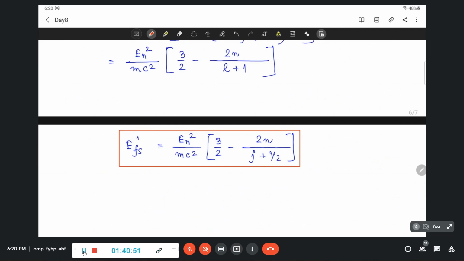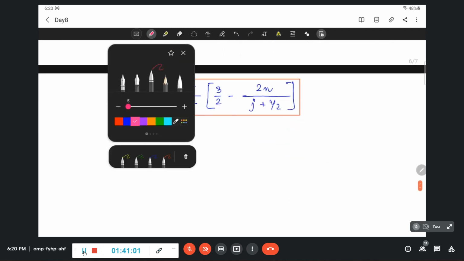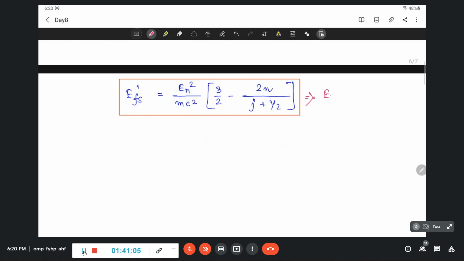But along with this principal quantum number, now you also have J, which is a combination of L and S. So the energy expressions involve N and J. And now you see these quantum numbers N, L, S, Mj, Ml, Ms. Not all of them are good quantum numbers; the good quantum numbers are what you see over here: N, J, Mj.